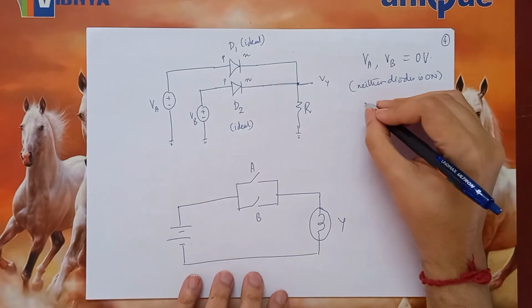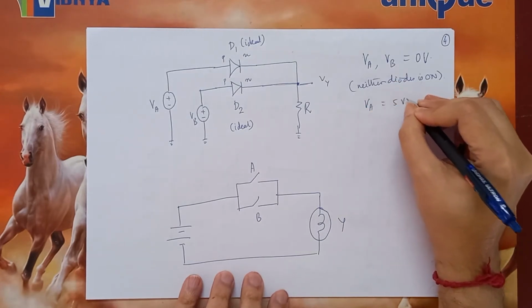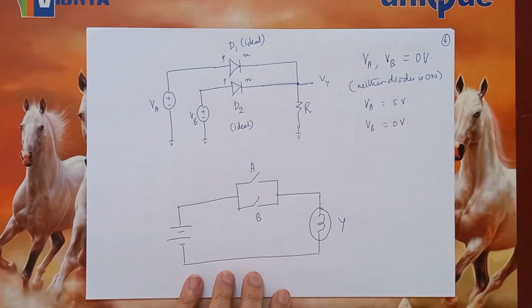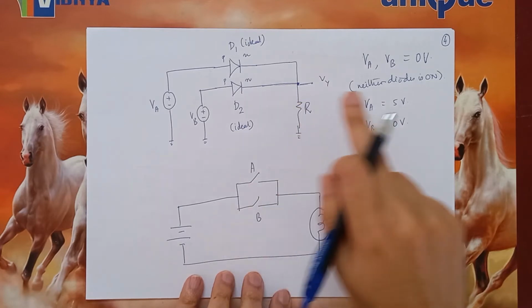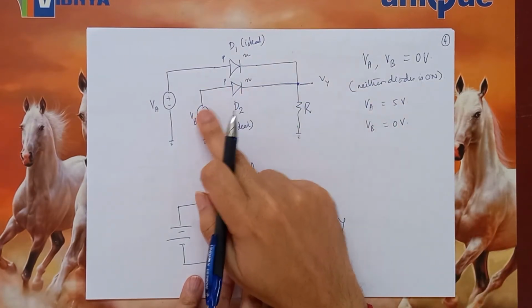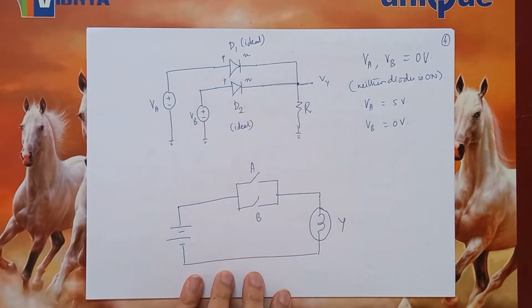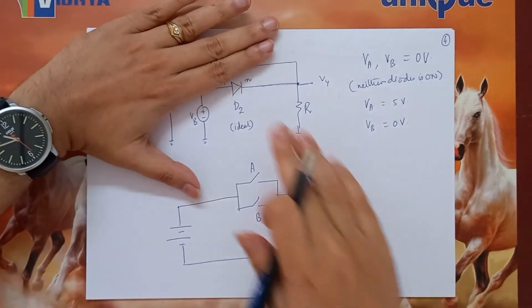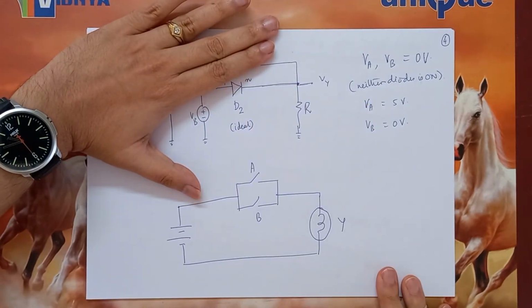Now let us take VA becomes 5 volts and VB becomes 0 volts. Now what will happen? If VB is 0 volts, that means D2 will still see 0 on both sides. Let's say initially, if you assume that D1 is not there, D2 will again see 0 on both sides.